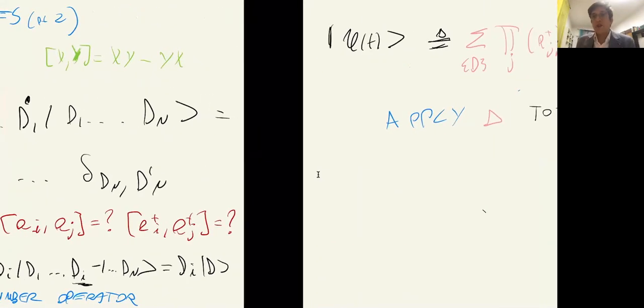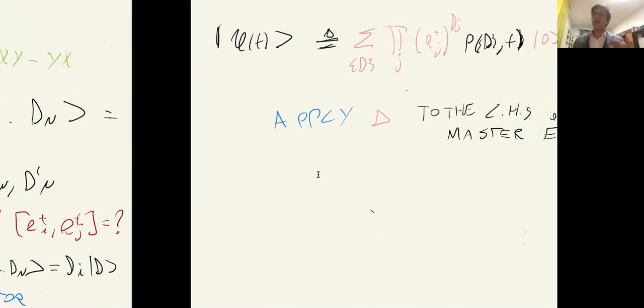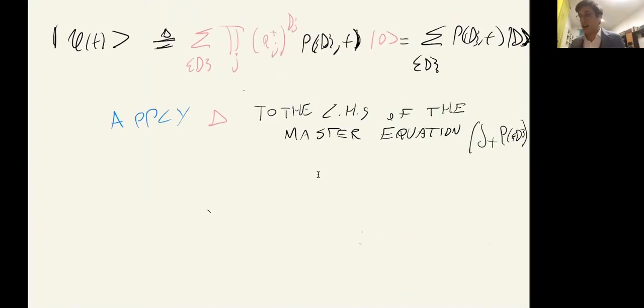Now, let me just define another quantity based on these creation and annihilation operators. This quantity, we call it up to now phi of t. It is defined as the sum over all the possible values of d, so all the possible values of d1, d2, up to dn, multiplied by the product over j of a dagger_j to the power of d_j, p of d at t, which is our probability distribution of observing a certain pattern at time t, and this vacuum state.